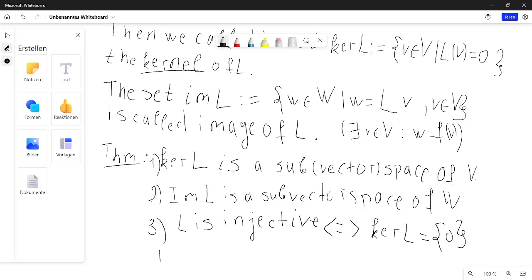Alright, and do we need something else? I don't think so. The other things we will derive from these, okay?